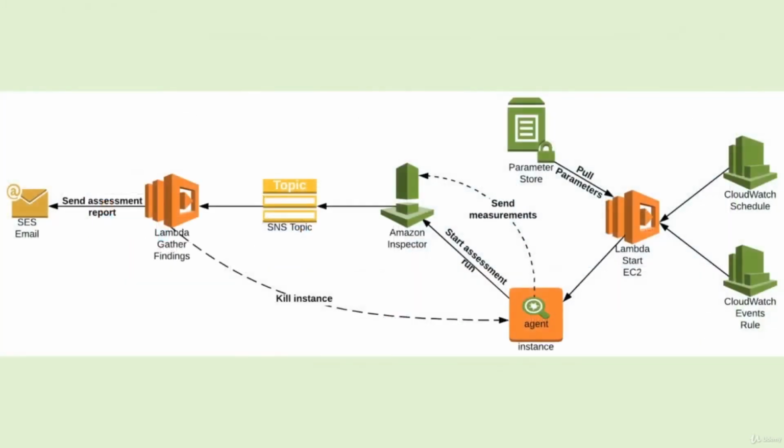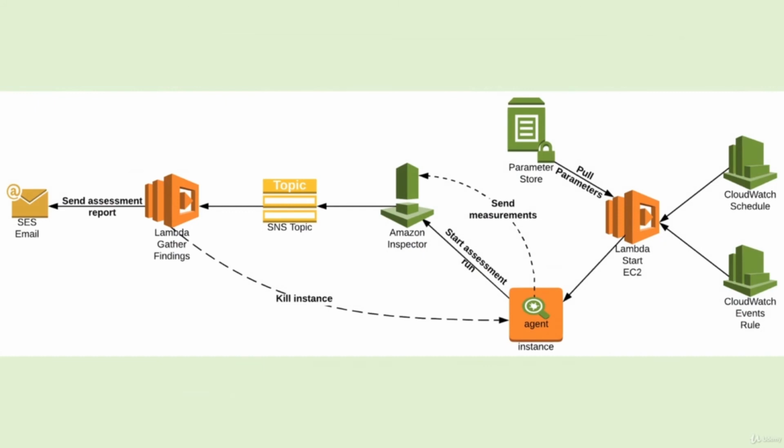You can integrate this with a wide range of services. Here is a use case for Amazon Inspector, working with other services as well. When a CloudWatch schedule or CloudWatch event occurs, it may trigger a Lambda for the EC2 or other kinds of instances, which could be integrated with Inspector, SNS, or Lambda to create an SES email service or more.